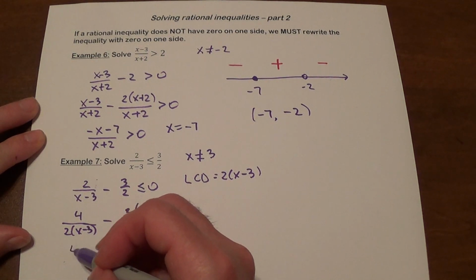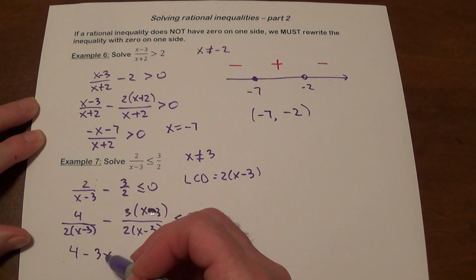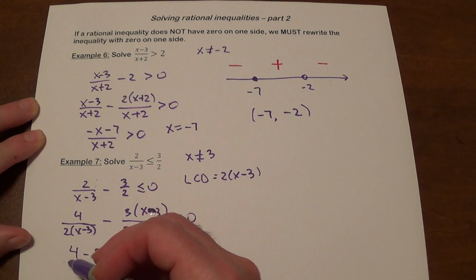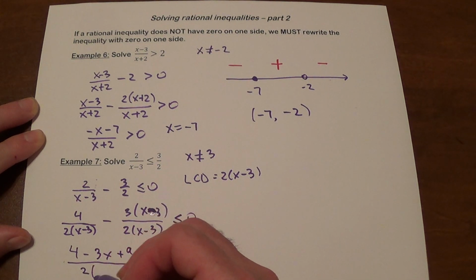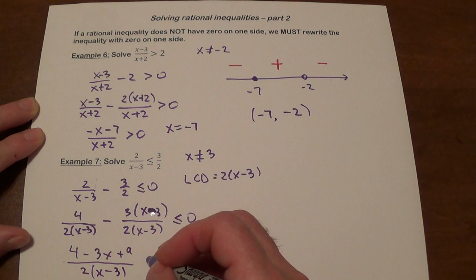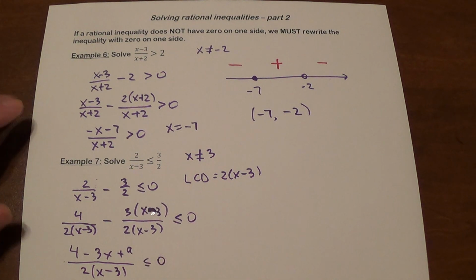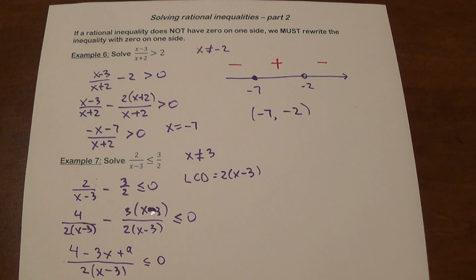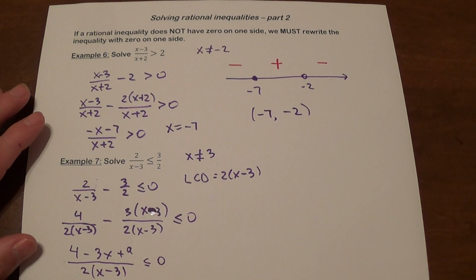So it's going to give us 4 minus 3x plus 9 divided by 2 times x minus 3, right? It's not equal to 0. And what are we getting here?